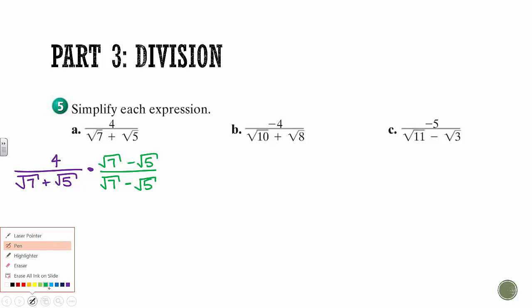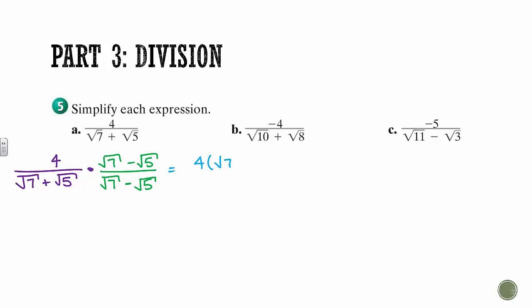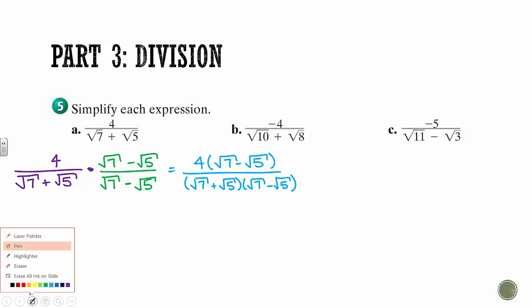On the top here, we end up with 4 times the square root of 7 minus the square root of 5. And on the bottom, we end up with a problem that we will need to double distribute. So on the top, we only have to distribute once.